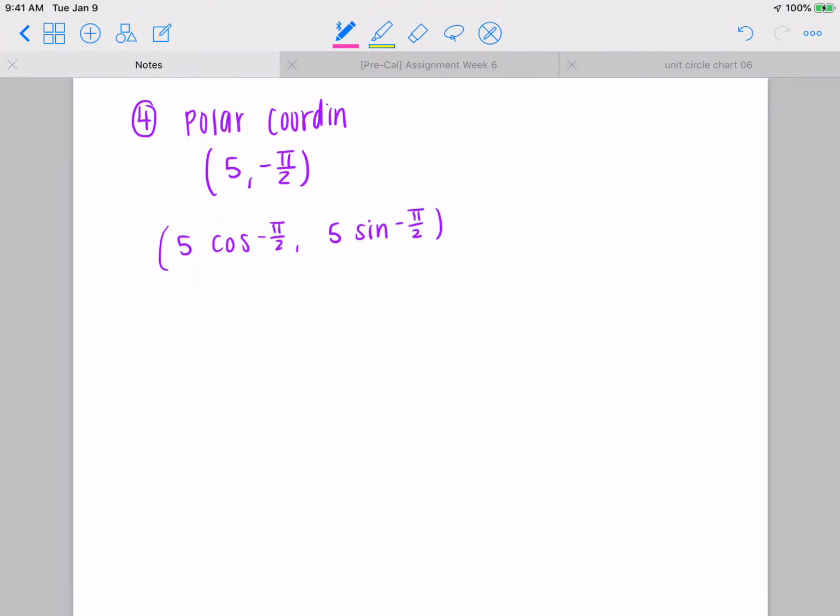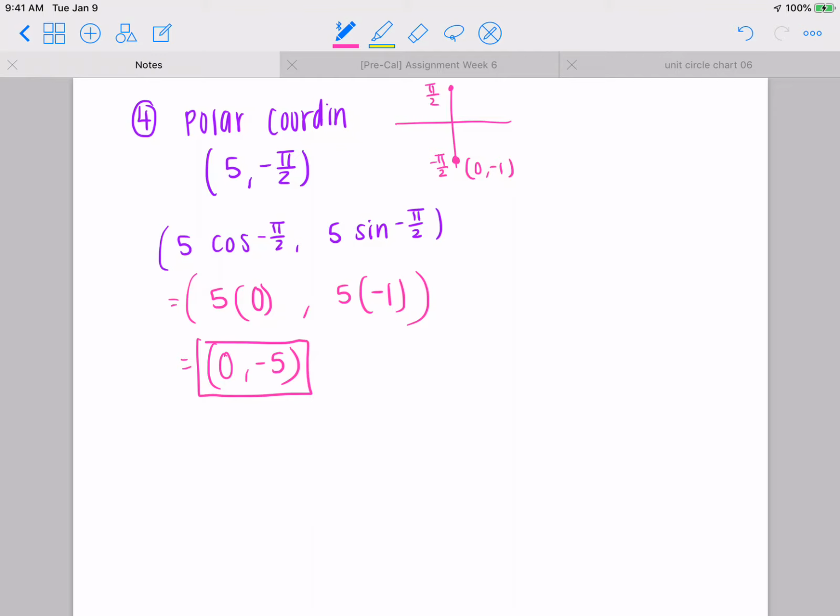So remember, negative pi over 2 in our coordinates, it's down here, because this side is the positive pi over 2. So the negative is down at the bottom, which is 0, comma, -1. Okay, so I'm going to put 0 and -1 in parentheses and just drop down the 5's. So my answer would be 0, comma, -5. That's your answer.